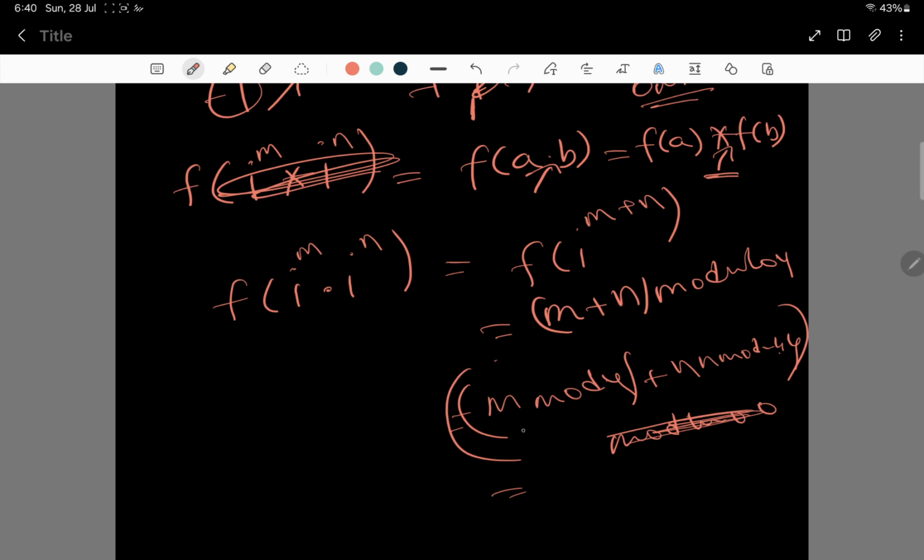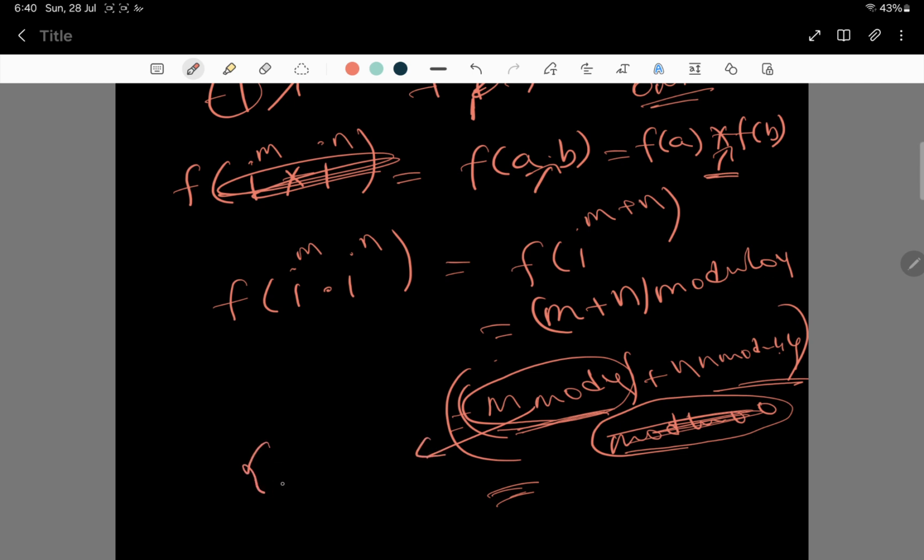So what we can write here, m modulo 4 and n modulo 4, right? Here I am neglecting this modulo 4, because the range will be m modulo 4, you can write. So this will be m modulo 4, which is f of i power m, plus this one is f of i power n.